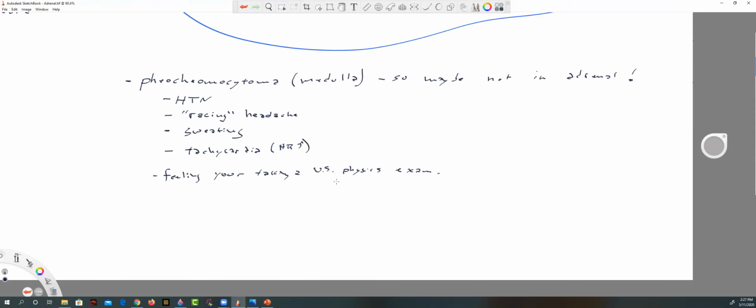So if you feel like you're taking a U.S. physics exam, even when you're not, you might have a pheochromocytoma.